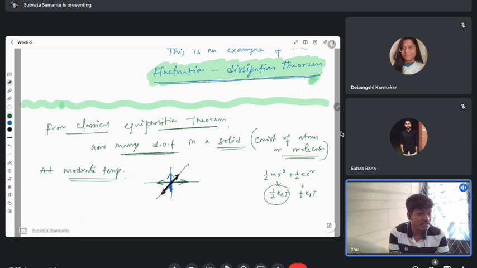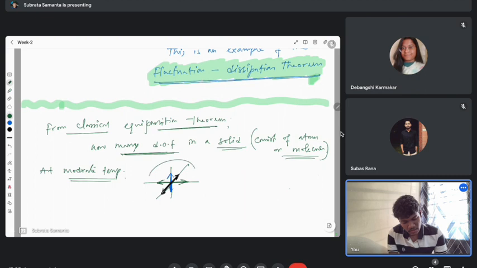This is not translational motion. So each vibrational mode gives 2 degrees of freedom, and with 3 modes in the 3 directions, the total is 3 into 2, 6 degrees of freedom at moderate temperatures.